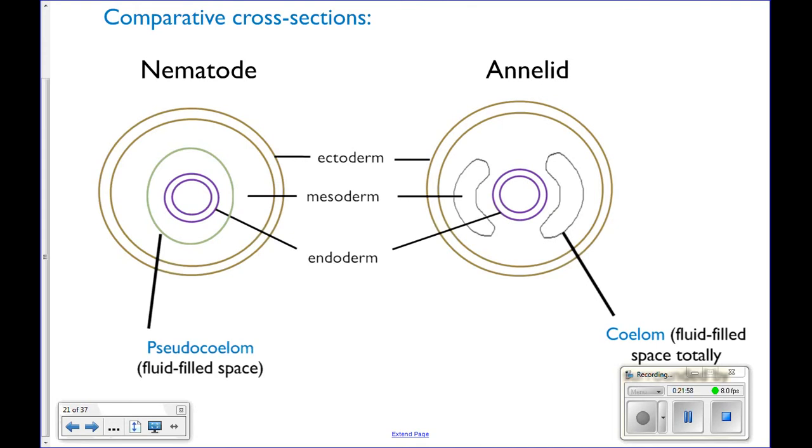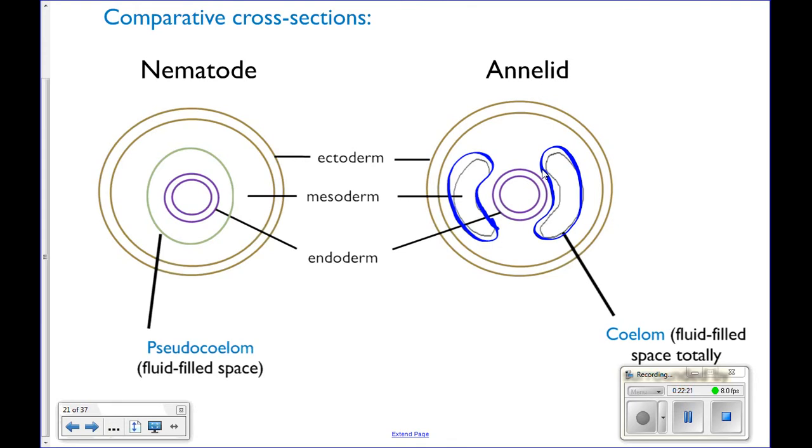In a coelom, the mesoderm completely surrounds that fluid-filled space. So this is all the mesoderm right here, and here's part of your coelom over here. The mesoderm surrounds it completely. So that's considered to be a true coelom.